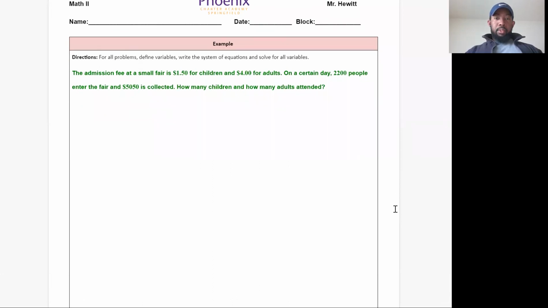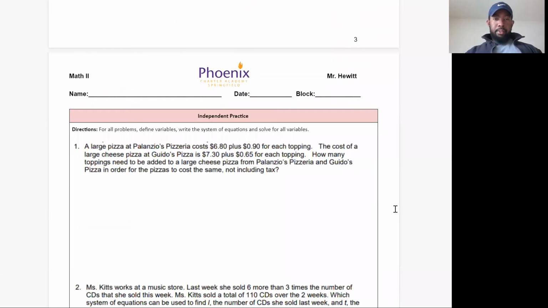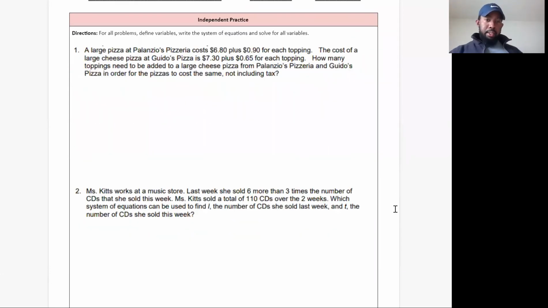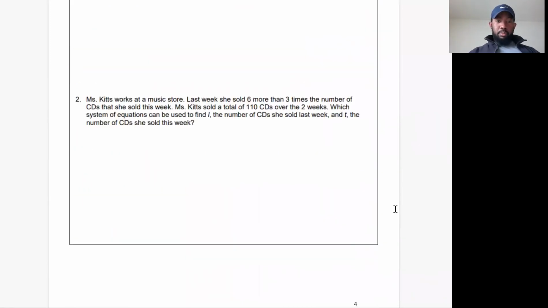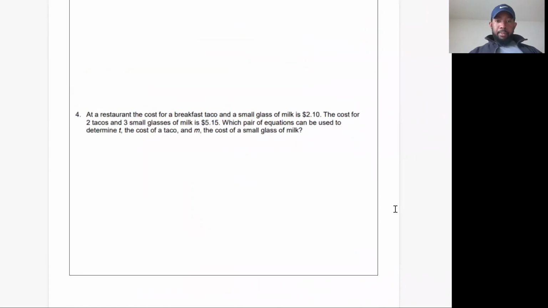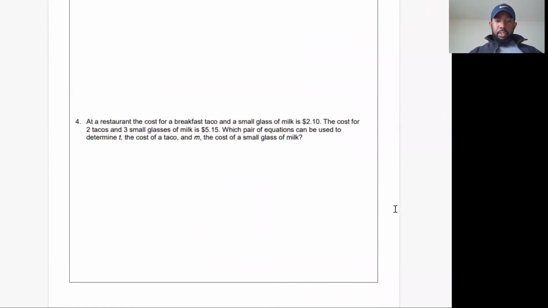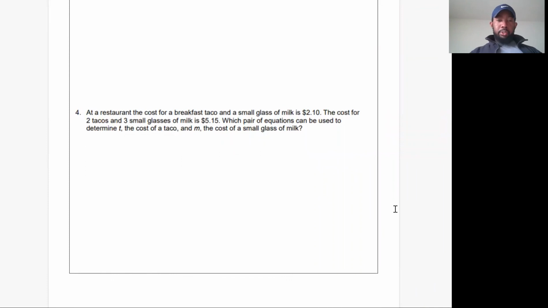And let's take a look at the rest of today's packet. So we just did that example. The independent practice is on the next page, page 4, and you have 2 problems there. And also on page 5, you have an additional 2 problems.